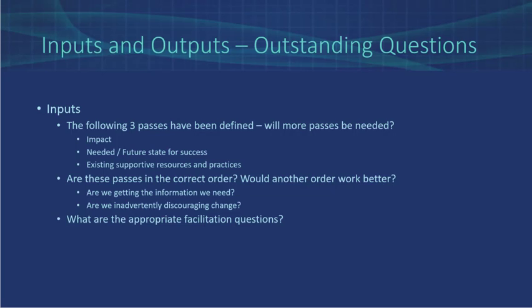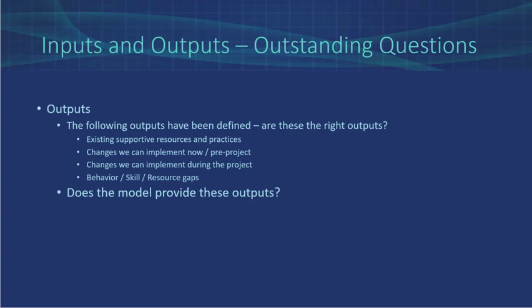Are we getting the information we need to identify the impact of the change, determine what will be needed for the change to be successful, and to best leverage the existing environment? And how much are we risking discouraging positive change because it seems too far away or too impossible or too overwhelming? Third, the experiments will help define the appropriate facilitation questions.